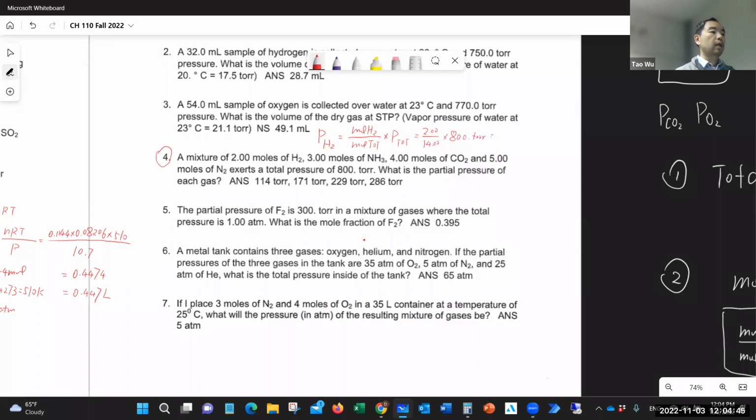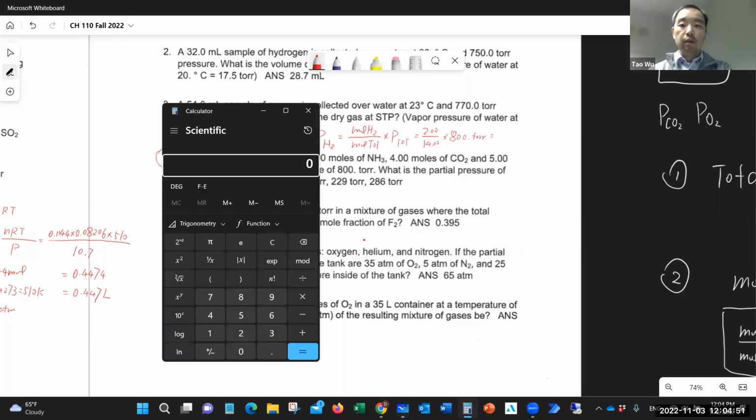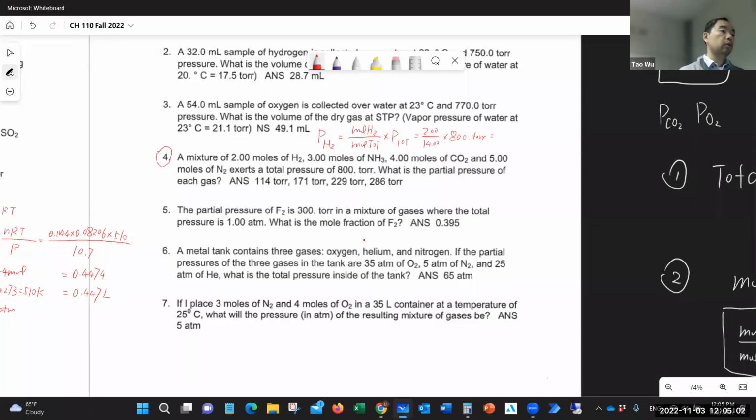So 2 times 800 divided by 14 gives you 114 torr. That makes sense, right?